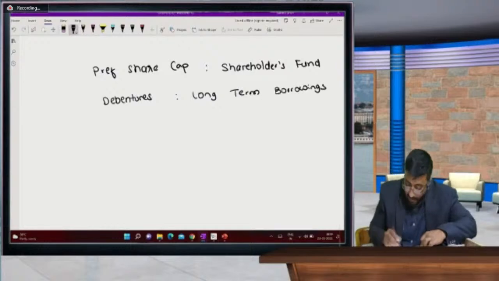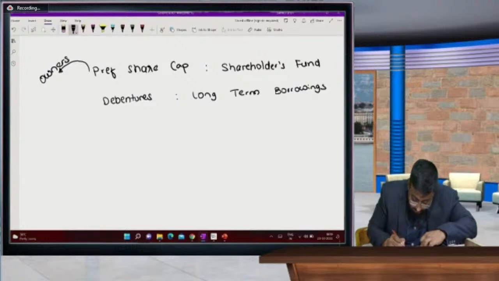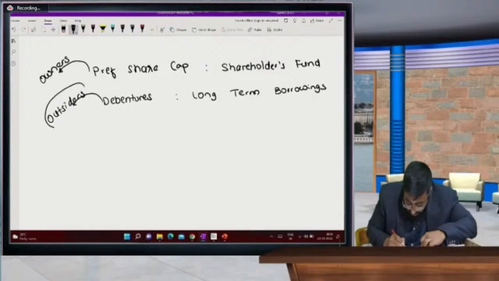So see beta, preference share capital we can treat as owners, and debentures are called outsiders.